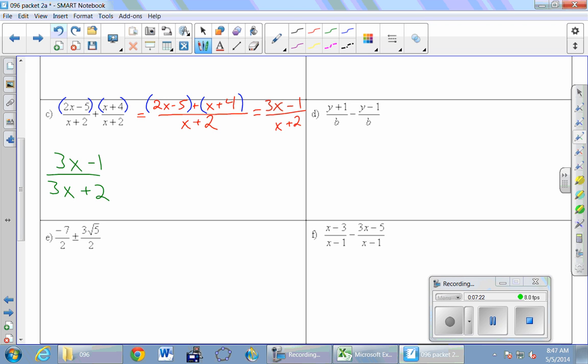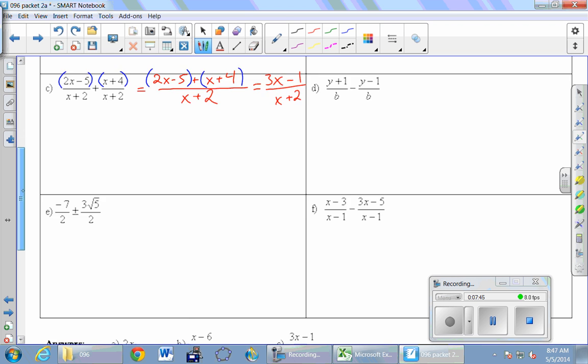Because now the top is a subtraction. Whereas before, the first thing you gave me, it was a multiplication. But this is now a subtraction problem. There's a multiplication in it, but you can't pick and choose. It is subtraction. So it's not cancelable. So that one's done. 3x minus 1 over x plus 2. Nothing else to do there.